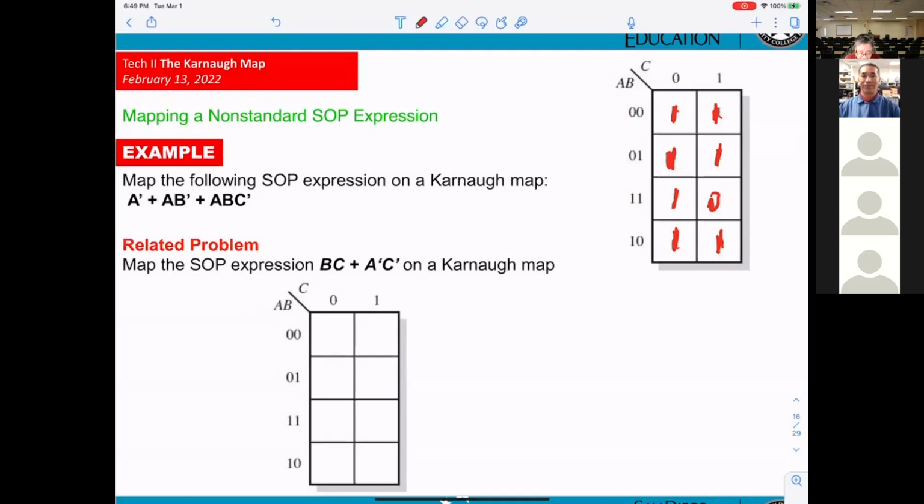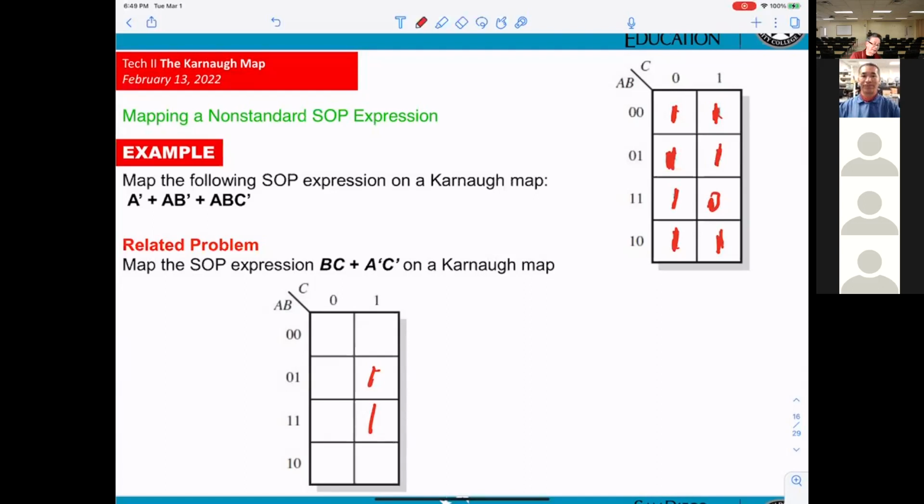Okay, B, C. That means B equal to 1, C equal to 1, right? C equal to 1.